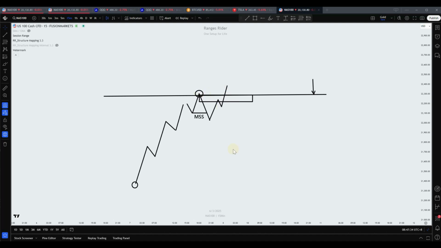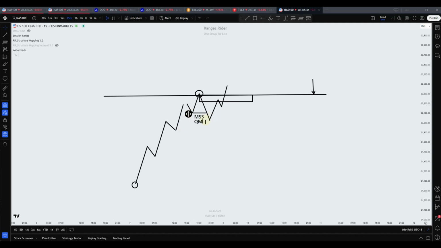high. Why? Because this market structure shift is basically for us a QM, and you know that I have explained this concept in all of my videos, what the QM is. So if this is the QM, what do we expect after QM?